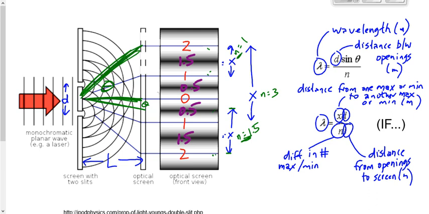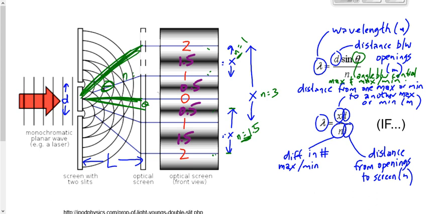How do we have two different values of theta? Well, if n is consistent with it, we're okay. Angle between the central max and another max or min.